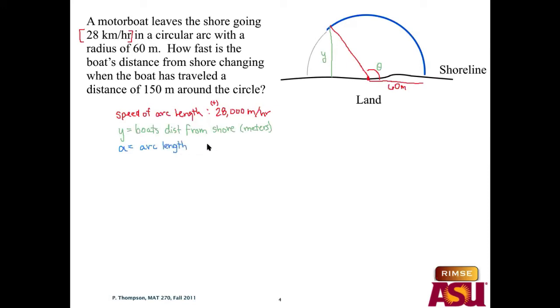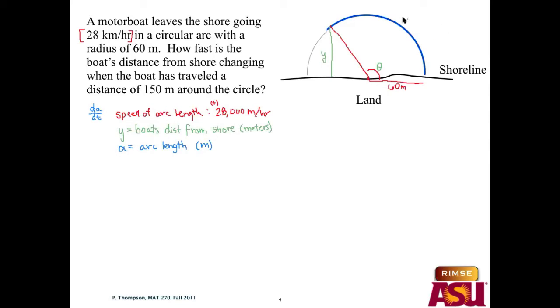So let's say that A is this arc length measured in meters. The speed of the arc length increasing, that would be dA dt, right? The rate at which the arc length changes over time. Again, just using a t to represent time that we're not really using, but our arc length is measured in meters. The boat's distance from shore can be measured in meters.